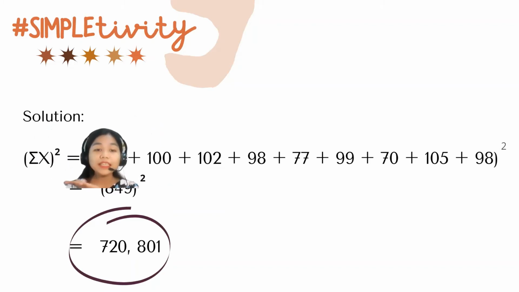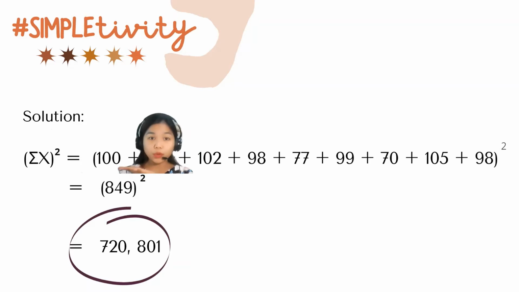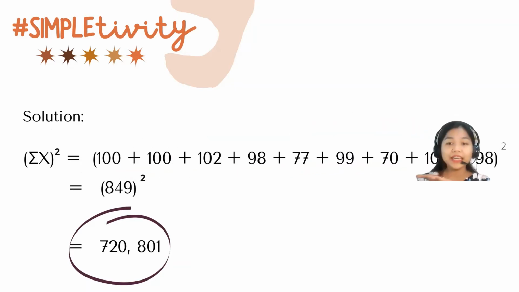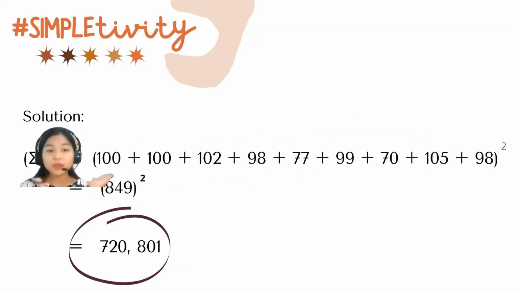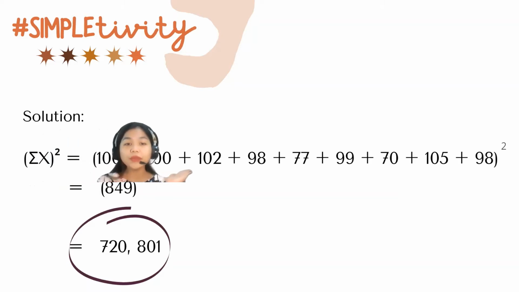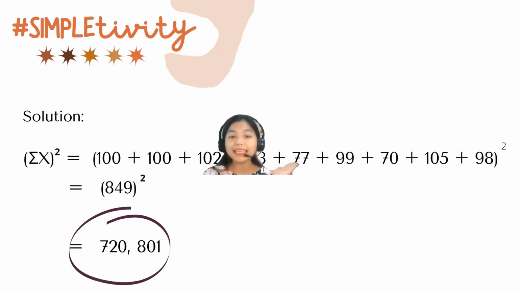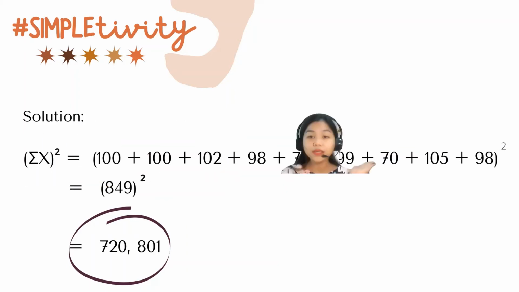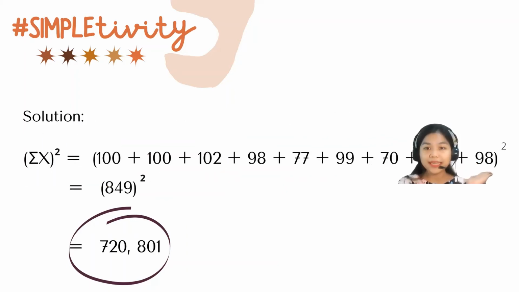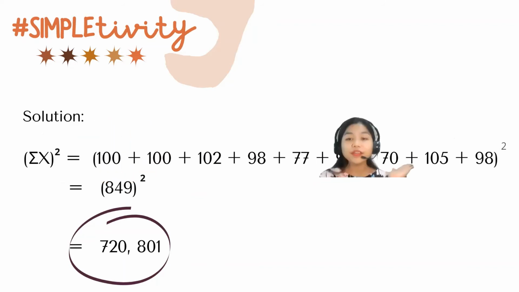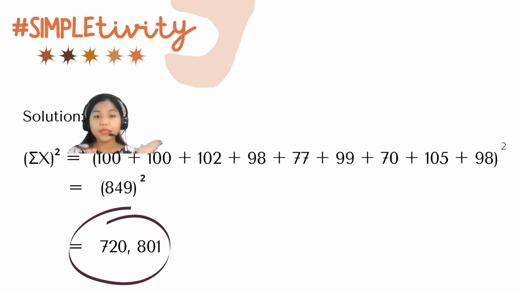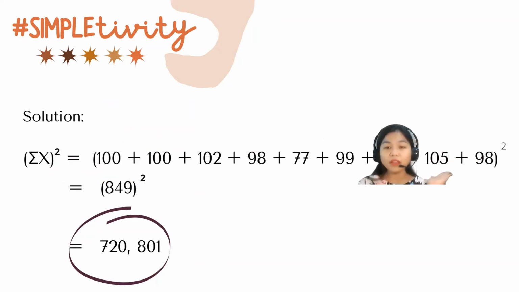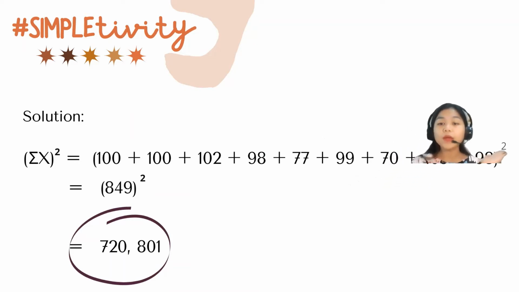To do this, we just simply input all the values of x here. The first thing that we need to do is, please notice, we are going to get the summation, or simply adding all the values of x from the first value, which is 100, to the ninth value, which is 98. After getting the sum of all these 9 values of x, we are going to square the result.